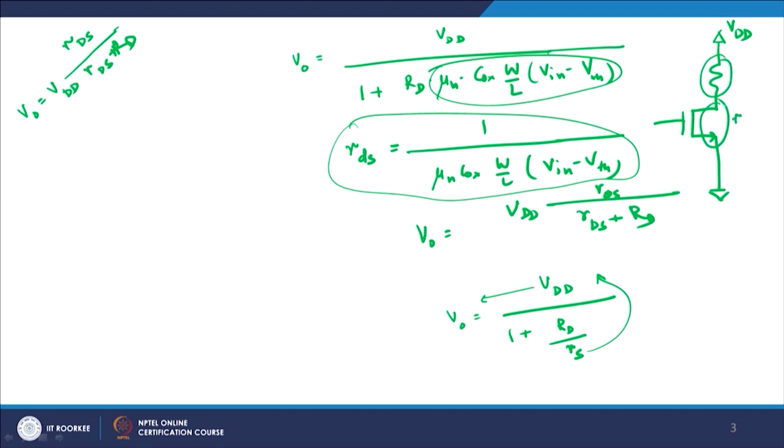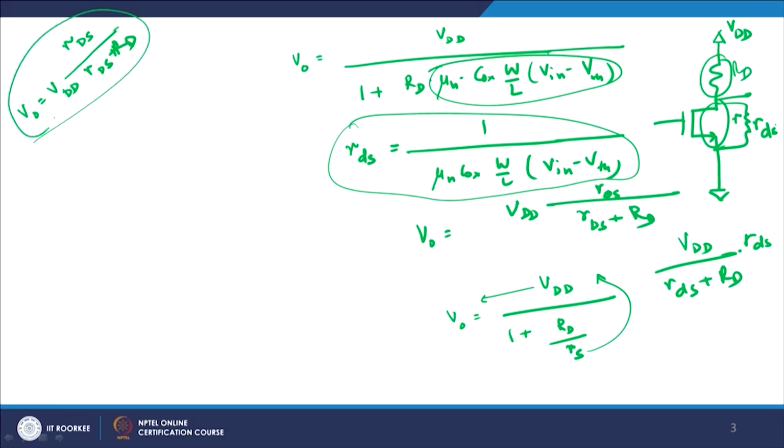This is RDS, and therefore RD, and since they are in series to each other, the total current flowing through the circuit will be nothing but VDD by RDS plus RD. This you multiply with RDS to get the voltage at this particular point, and that is what you are getting, that V out is equal to VDD times RDS upon RDS plus RD.